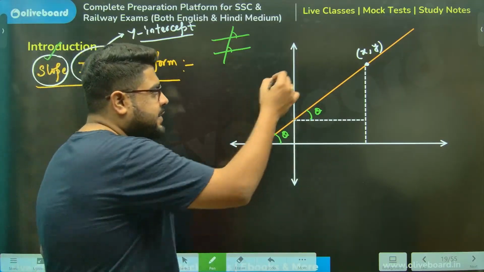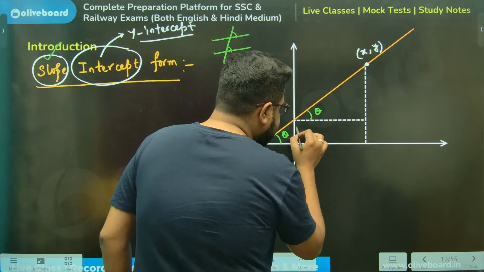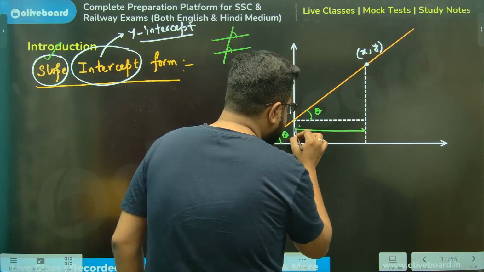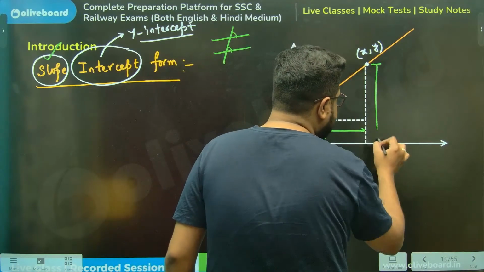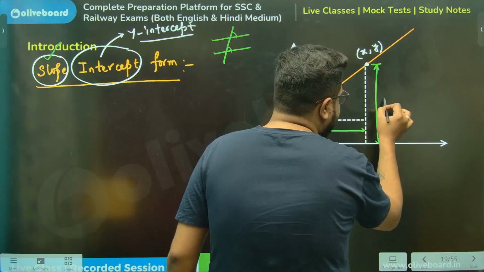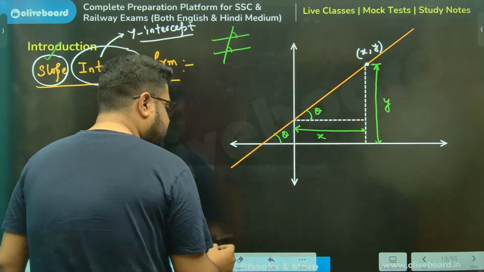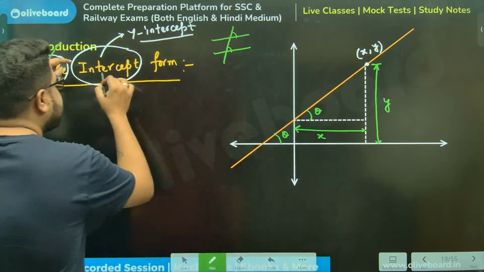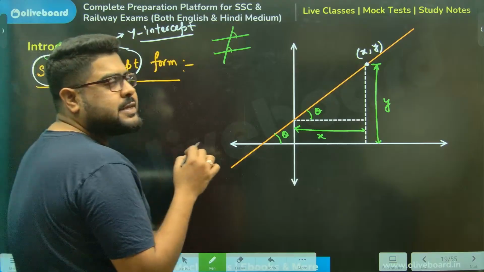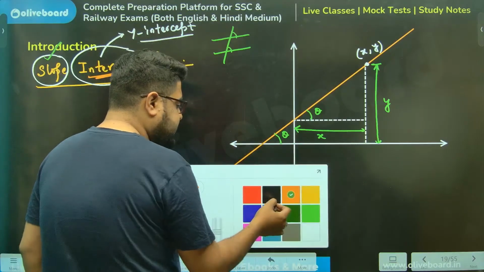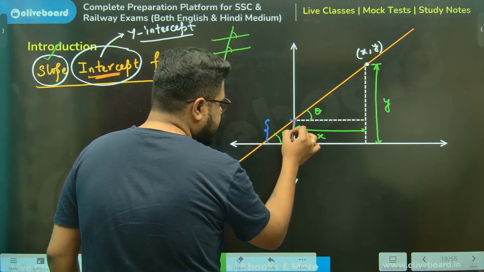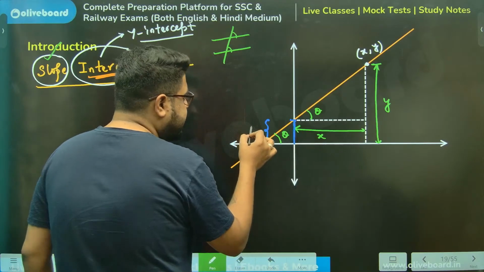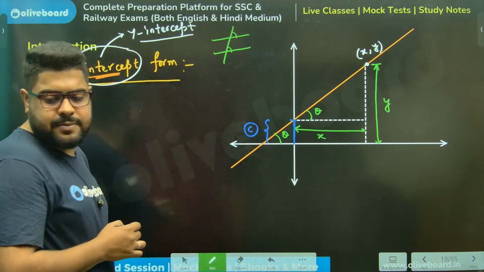If this is x comma y, that means this length is x, and this length is y. Now, one more thing is given: the y-intercept. This is your y-intercept, this part, given as small c.